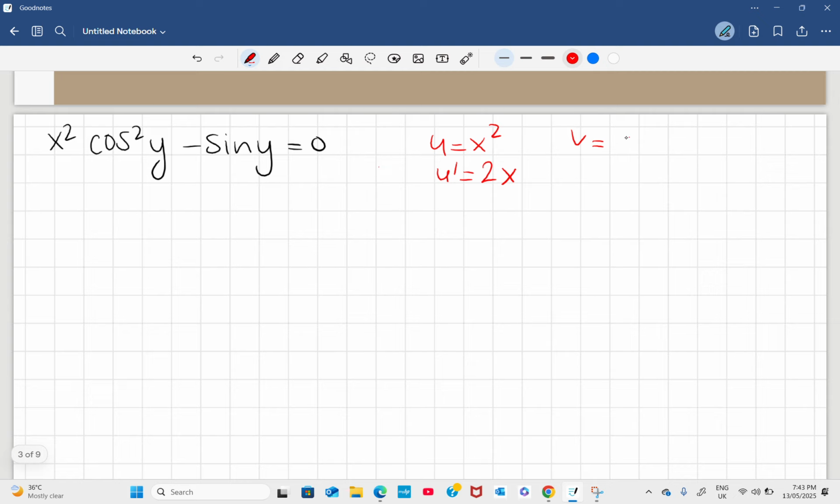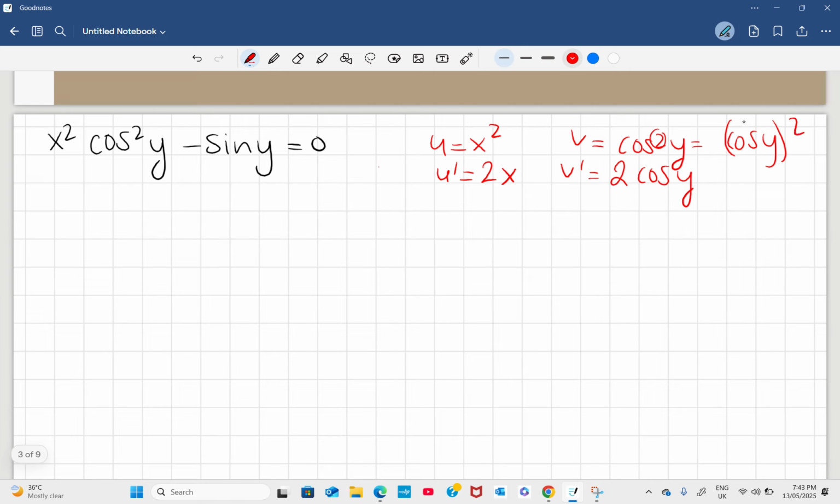So what's v prime gonna be? Cosine squared y is the same thing as saying cosine y squared. So I'm gonna take the 2 outside, cosine y stays the same. I take the derivative, so the power comes out, and what's inside stays the same because this can also be written as cosine y all squared.